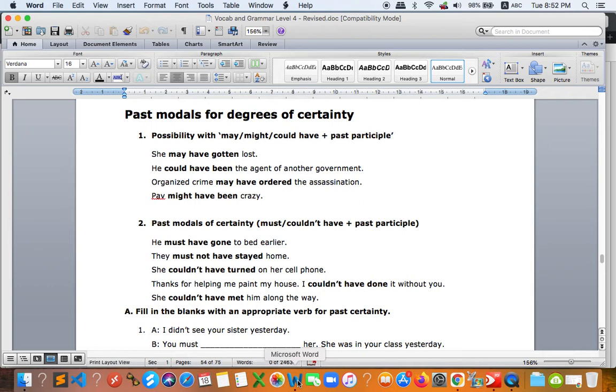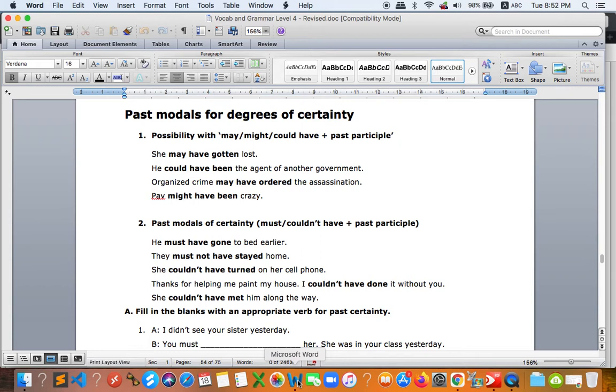We have 2 points. One is possibility, and number 2 is past modals of certainty. The difference between the two is about possibility or about certainty. So sometimes if you are somewhere about 60%, then you should use a certain modal. I'm not going to define the percentage of each modal, but I just want to tell you exactly which one is stronger, which one is more certain.